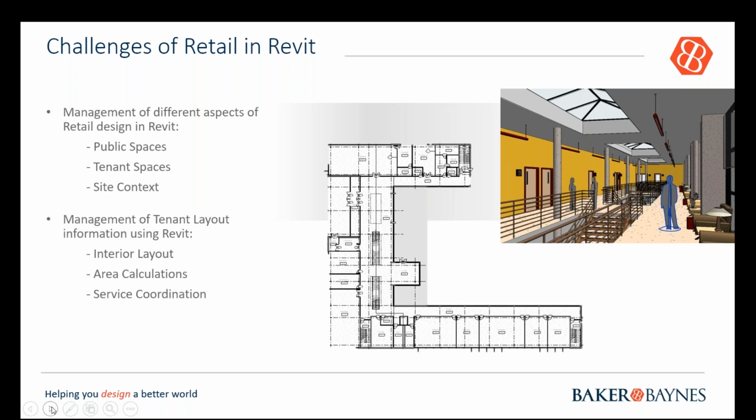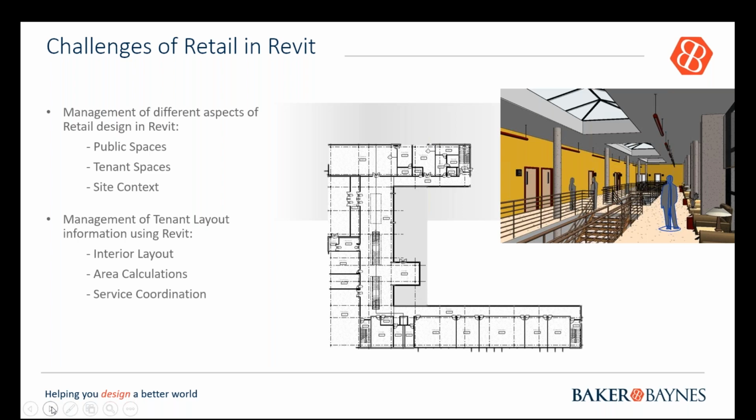How do you get involved in the coordination of that, or even the design of those things? As well as the site context, we get involved just a little bit in the site part of the design. Depends if you're an engineer, then you could probably get involved a little bit more in that. Management of tenant layout information, also using Revit.